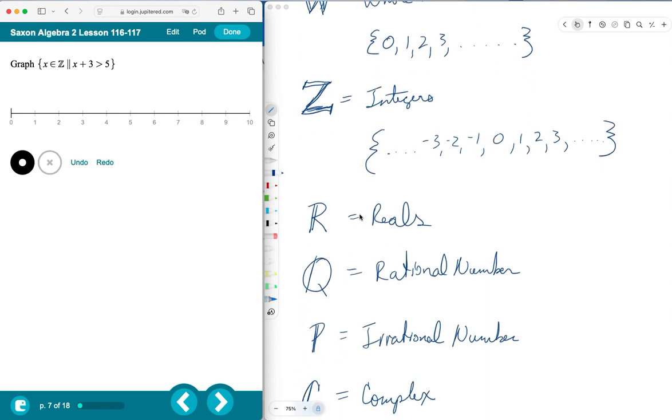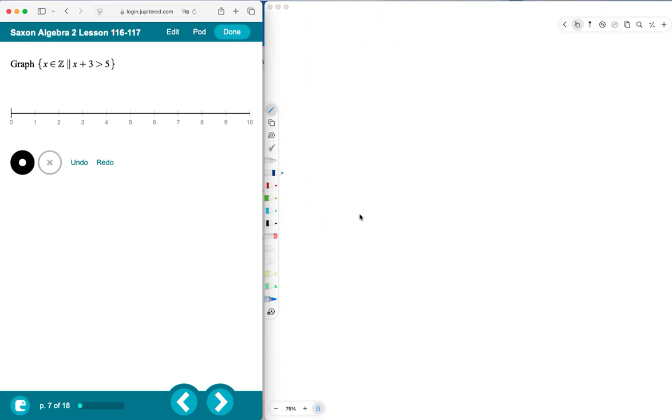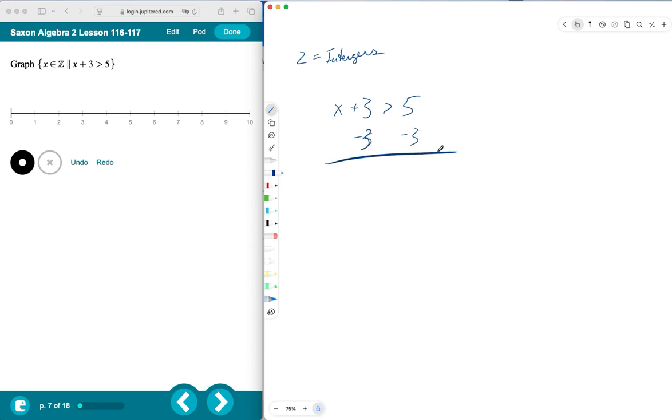So what we would do is we would recognize that Z is integers, right? So we start to pay more attention to this right here. Z is integers, which is our domain. So x plus 3 greater than 5, minus 3, minus 3. We're not learning anything new. We're just paying attention to the way it's written with our symbols there.